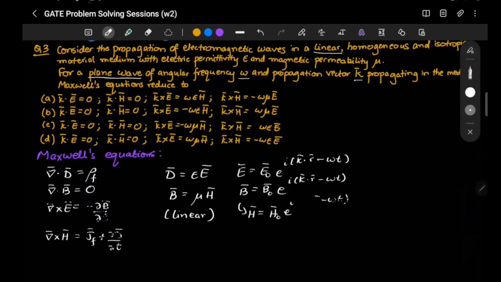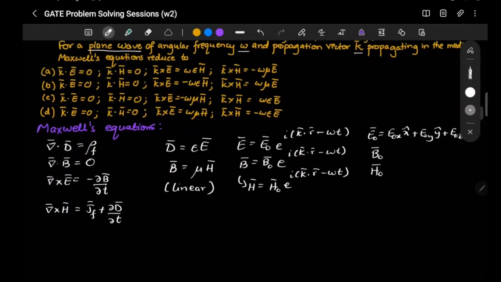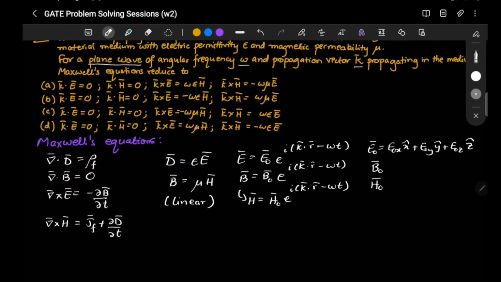Now we can write each of these amplitudes, this E naught, in terms of components like E naught x along the x cap direction, E naught y along the y cap direction, and E naught z along the z cap direction. Similarly, you can write down the components for B naught and H naught along x cap, y cap, and z cap.